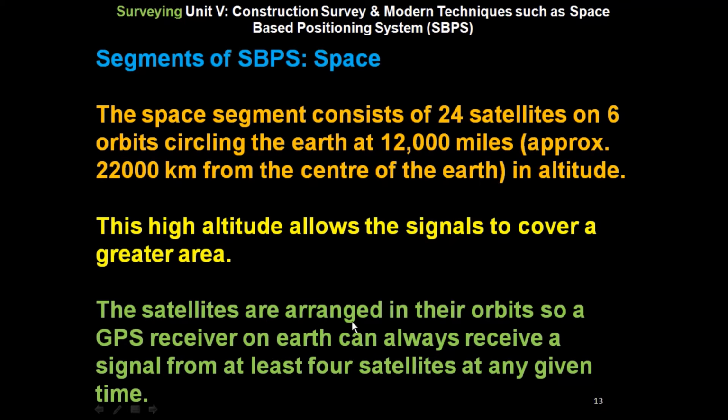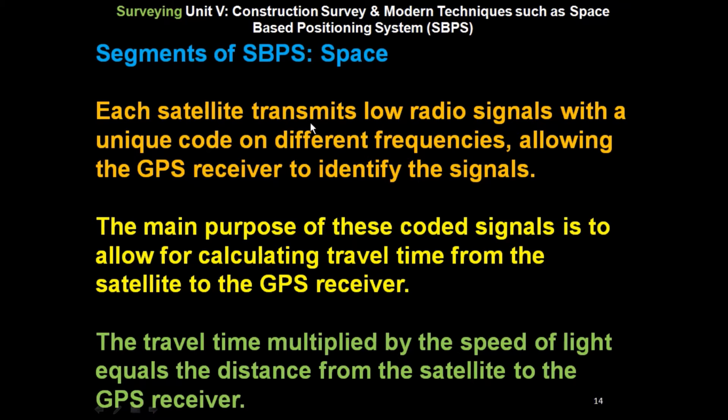The satellites are arranged in their orbits so a GPS receiver on Earth can always receive a signal from at least 4 satellites at any given time. Each satellite transmits low radio signals with a unique code on different frequencies, allowing the GPS receiver to identify the signals.